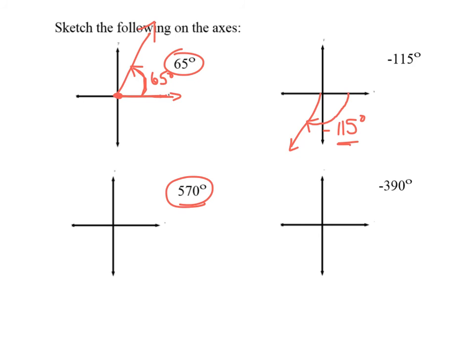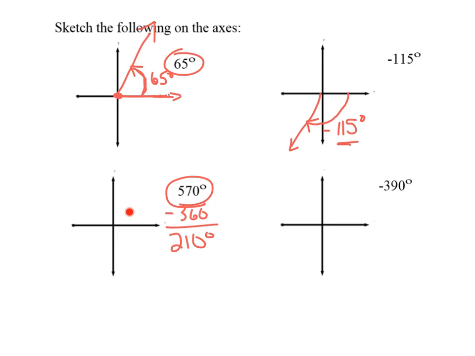Now, if you do something that's bigger than 360, you're going to go around the circle a few times. So what I do suggest is to find an angle that we kind of recognize. For 570, what I would do is subtract 360 and see where the angle is going to terminate. So if I subtract 360, I get 210. Okay, 210 makes more sense to me. 210 would go around here.